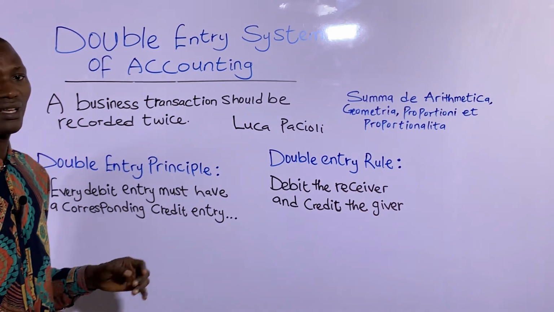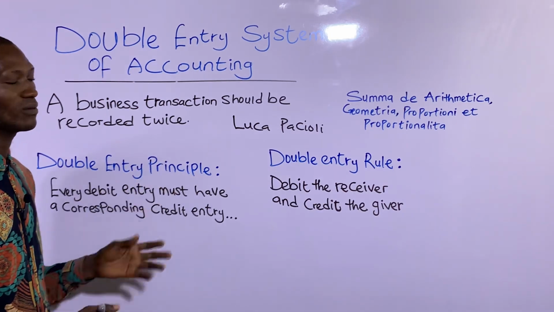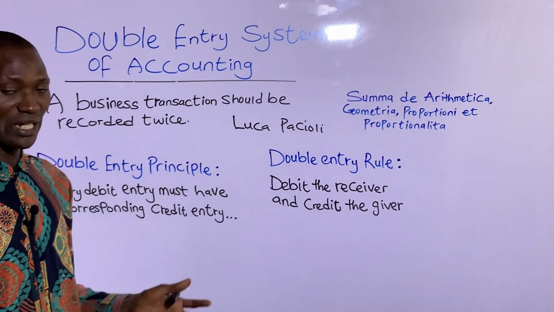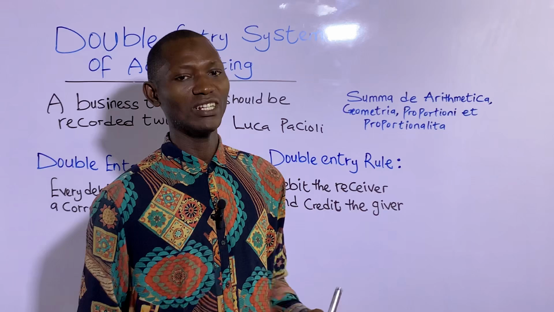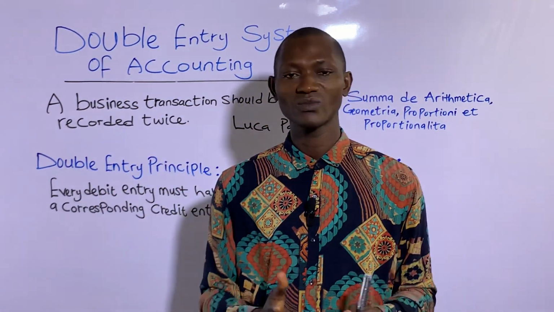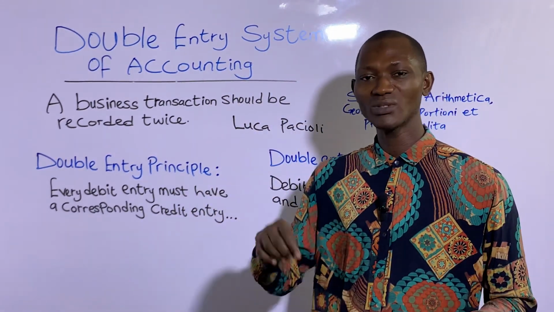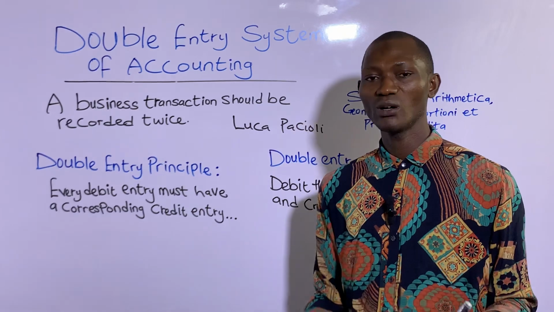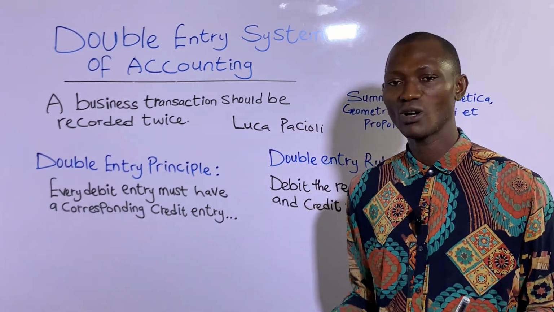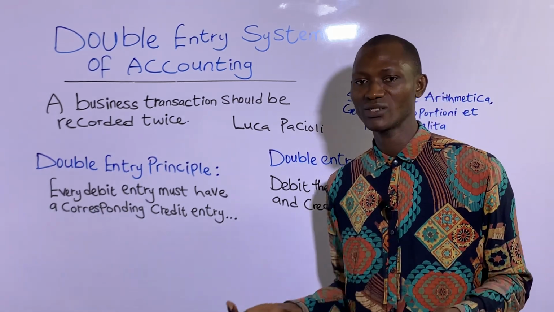Now, in accounting as a field, there are what we call accounting concepts, conventions, policies, procedures, and all that. Let me stress accounting concepts. Accounting concepts are basic assumptions upon which the preparation of financial statements is based. That means for the accountant to do his recording and prepare the financial statement, he or she must follow some basic assumptions as a guide.